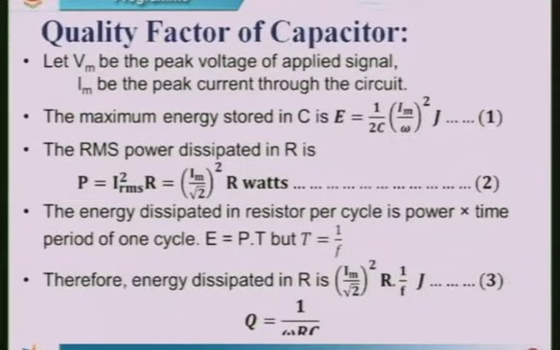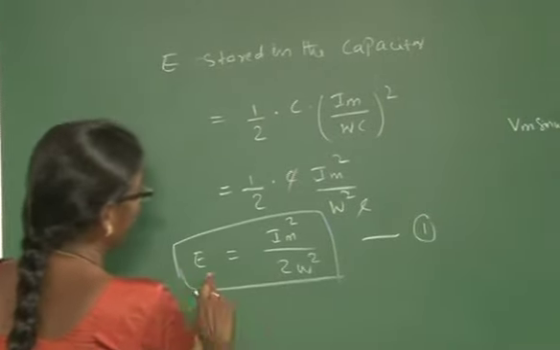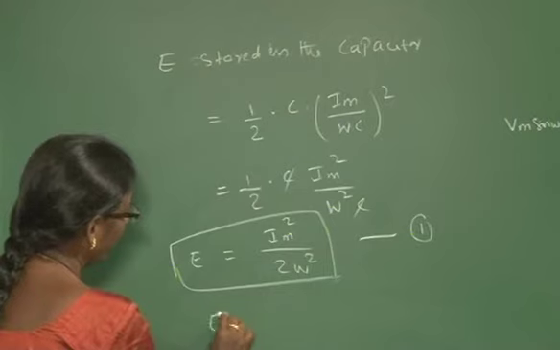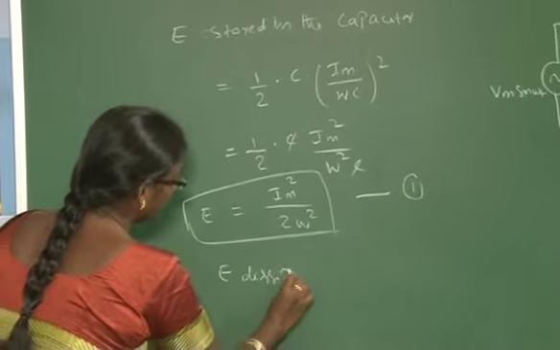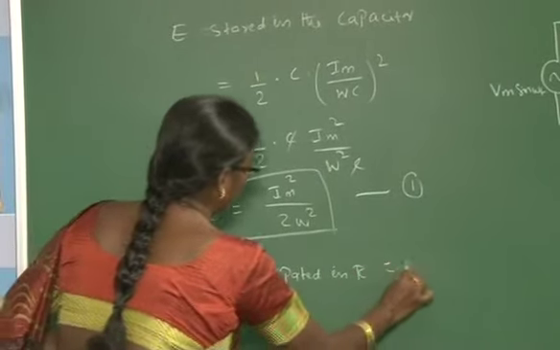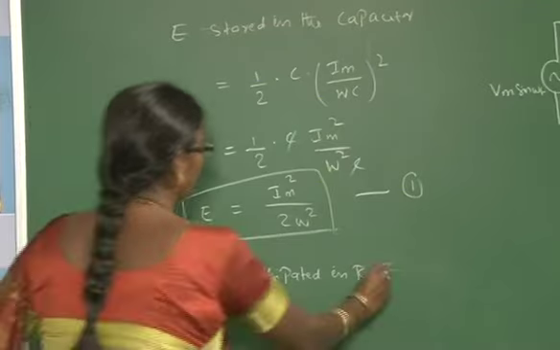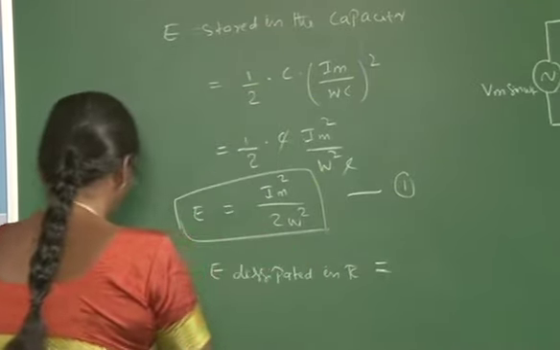So write the equation for quality factor. This is the equation for energy stored in the capacitor and energy dissipated in the resistor. Okay, these two equations I am going to substitute. It is nothing but as already we have taken Im square into RL.